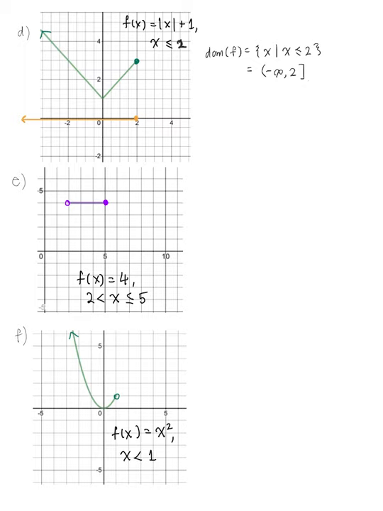Now let's go with the range. Did you try the range? What did you all get? Let's see. Where's the lowest tip of the graph? If you're going to compute the range, you want to look at the graph from the bottom upward. If you go bottom upward, where's the starting y point?